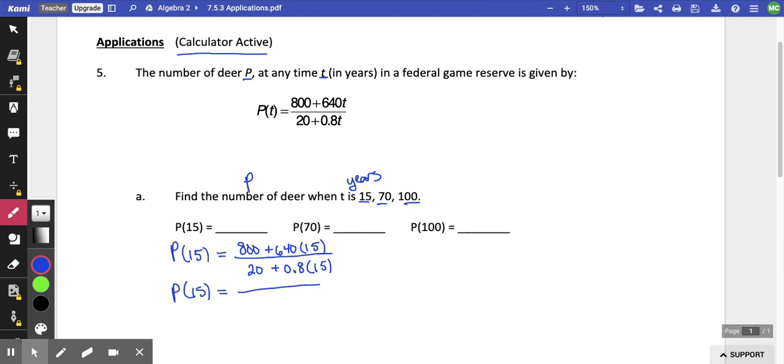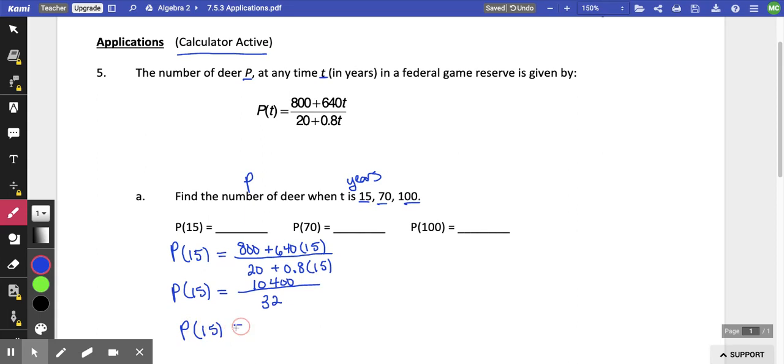I got 10,400 for that, so I'll write that down. And on the bottom, I need 20 plus 0.8 times 15. And I got 32 for that one.